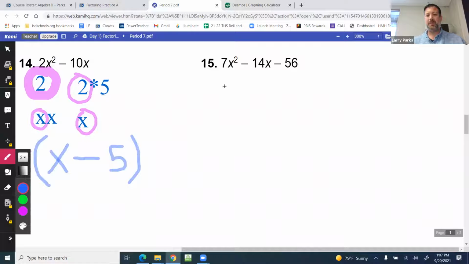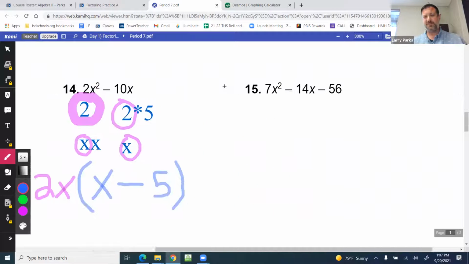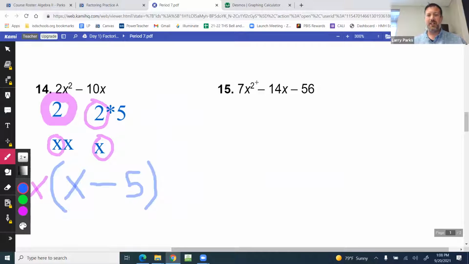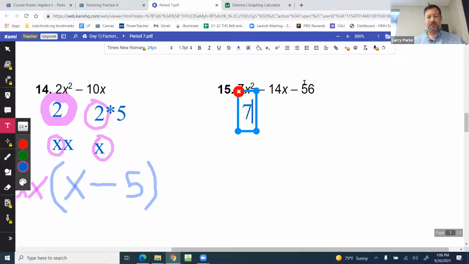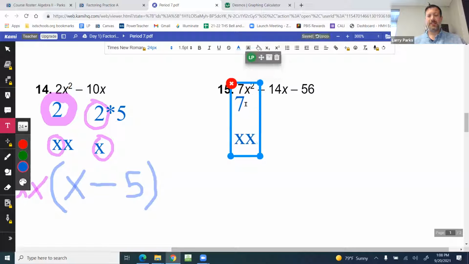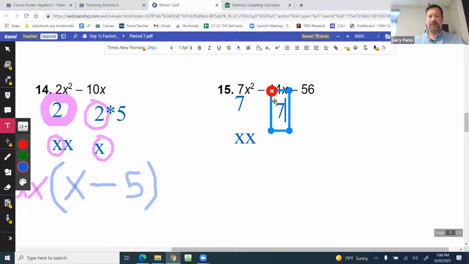All right, number 15. We could start off and then we could finish it. When I look at this, I see 7 and an x and an x. That's for 7x squared. For 14, I could break that into 7 times 2 and an x.